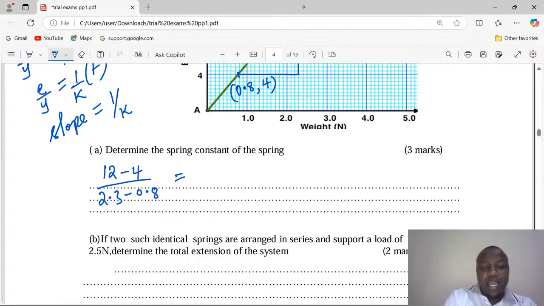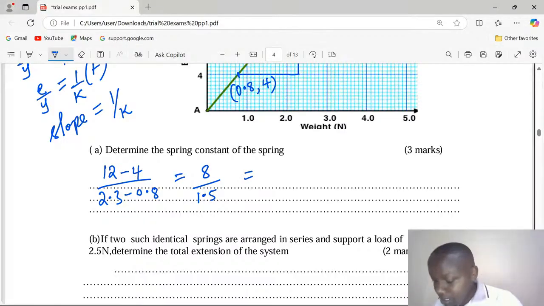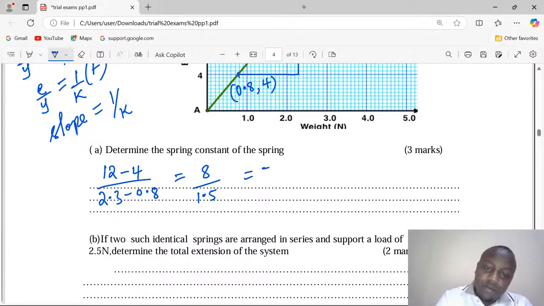So this is going to be 8 over 2.3 minus 0.8, giving us 1.5. So this slope is going to be 5.33.